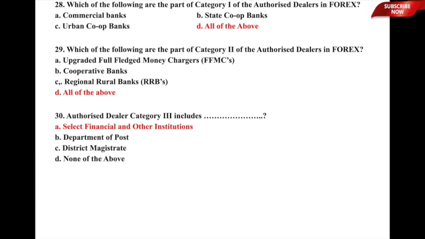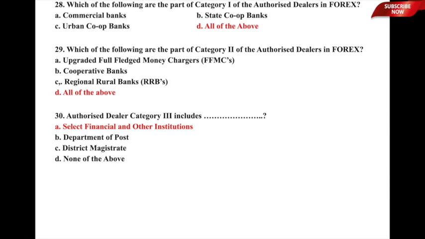So here again the correct answer is that category 2 of the authorized dealers in forex includes all of these 3 entities, that is FFMCs, cooperative banks, regional rural banks or RRBs, and therefore option D, all of the above, is the correct answer to this particular question.